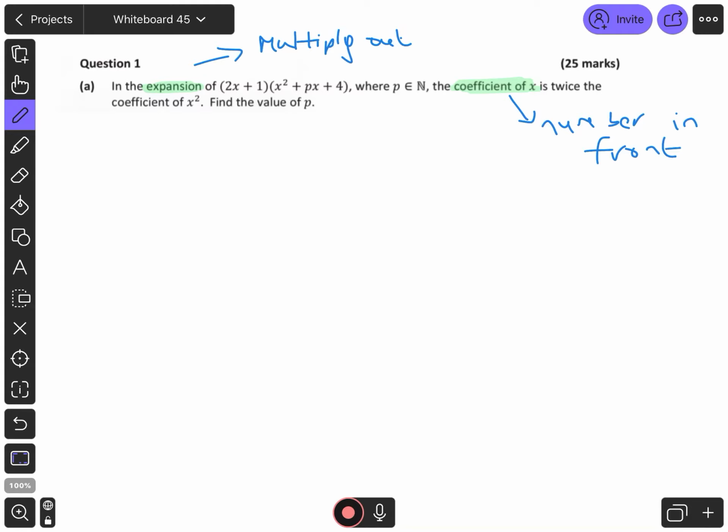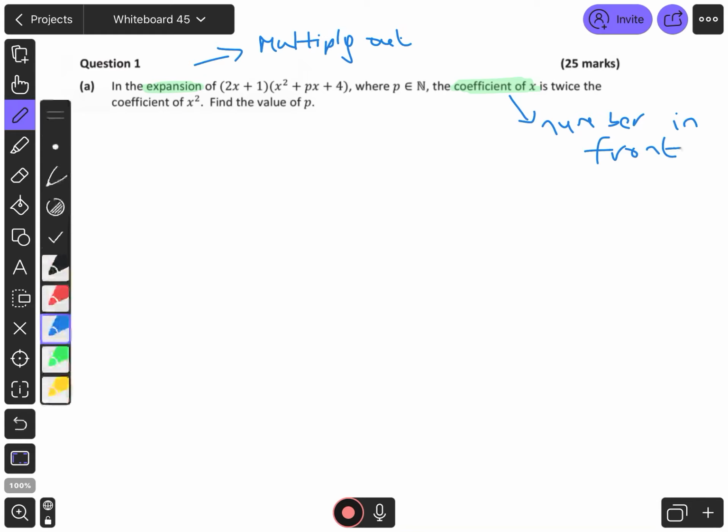So what they're looking for us to do here is, firstly, I'm going to need to expand this bit here, like they've asked me to do, and then to find the value of p, the information they're telling me is that the coefficient, the number in front of x, should be twice the number in front of x². So let's multiply this out and see what we end up getting. I'm going to multiply 2x by all of this.